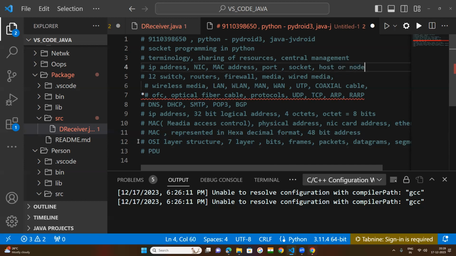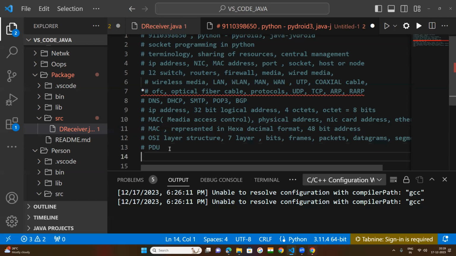So, port number. I want to clarify somewhat here. What is a port number? Try to understand. Suppose a computer is connected with the network, the internet.